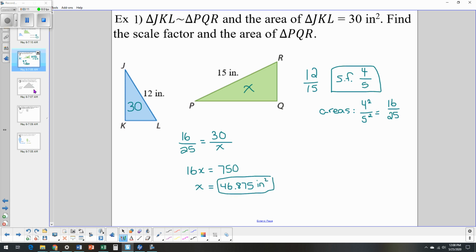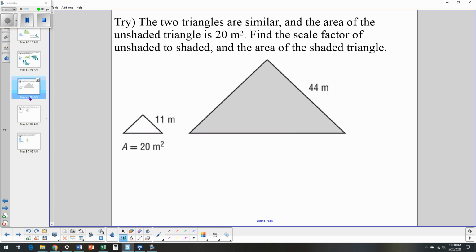Okay? So you're going to go ahead and try the next one. They're telling you the two triangles are similar. The unshaded triangle has an area of 20. Find the scale factor of unshaded to shaded, and then find the area of the shaded figure. Pause, and when you're ready, come back.